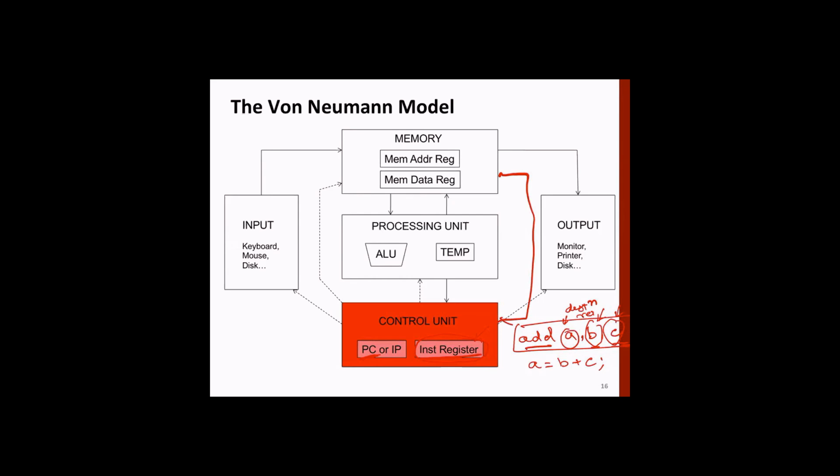Yes, sir. We'll see what the interpretation of that is, or whether it's coming through the ALU. But you're right, there is a line, because the instruction has to come from here up to here.